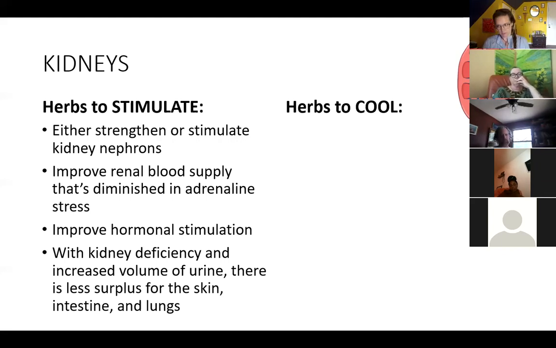Hormonal stimulation: some of this can be hormonal related, but again, that's stress related. With kidney deficiency and increased volume of urine, there is less surplus for the skin, intestine, and lungs. So that's something to think about. If you're excreting more water than you should be, other parts of the body are going to become drier.